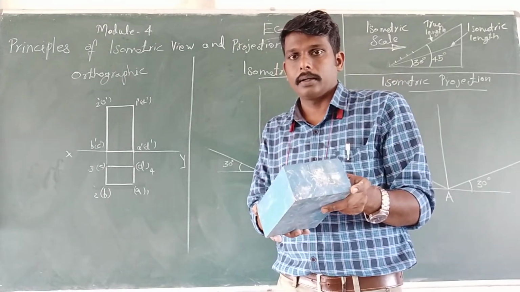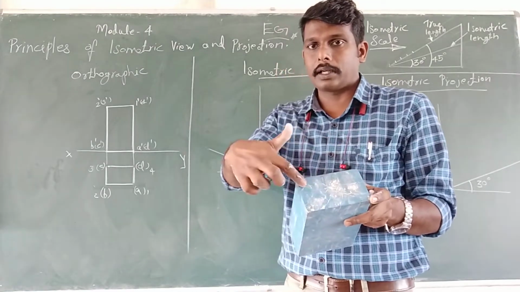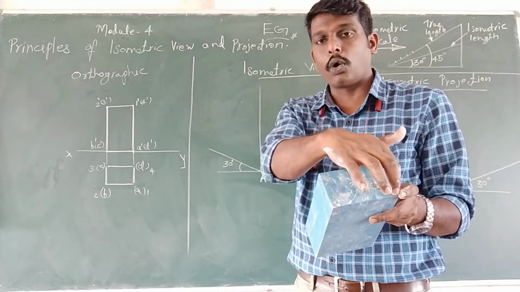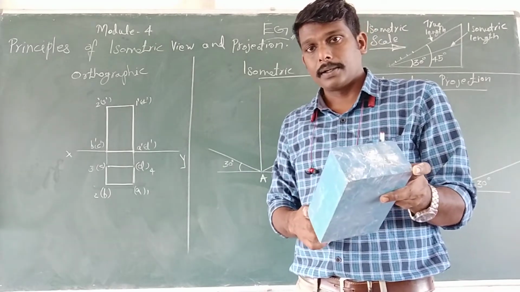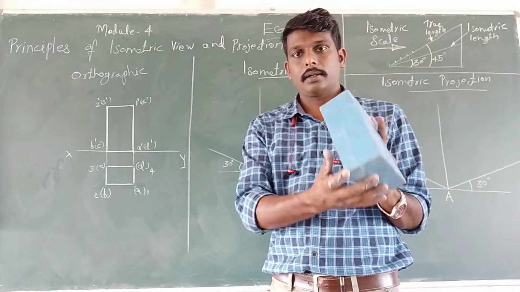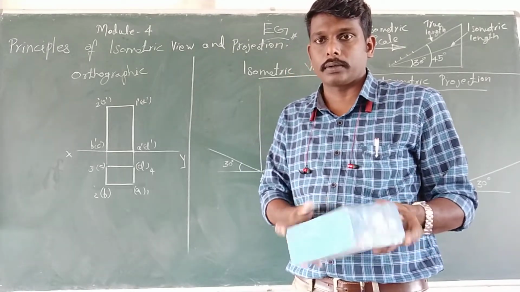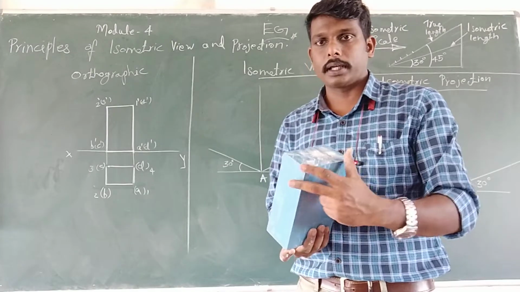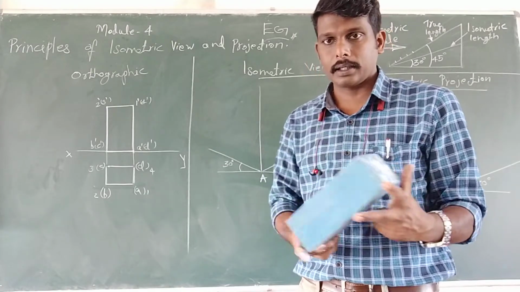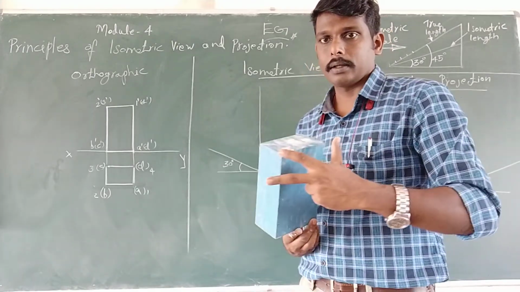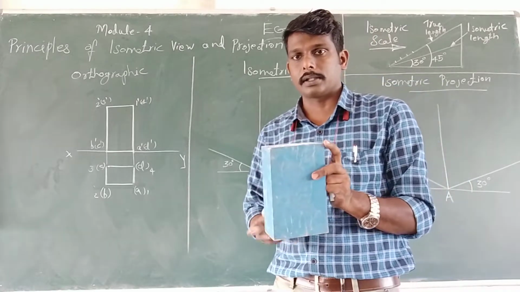Here, a solid diagonal means the opposite coordinates of the solid. Actually, 4 solid diagonals are there. This is also a solid diagonal. Here I am choosing this one.